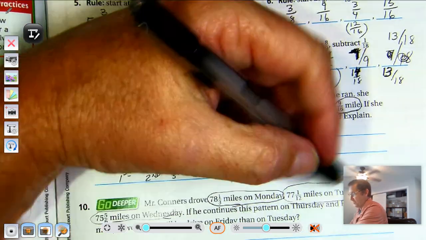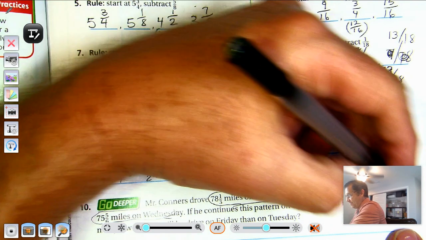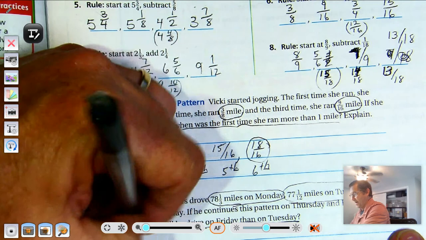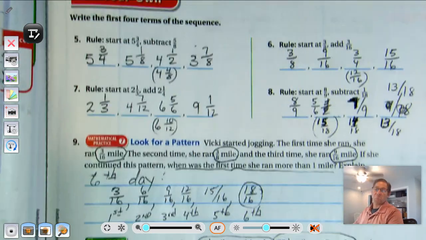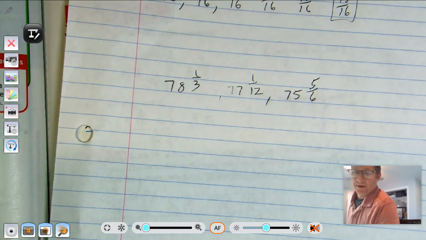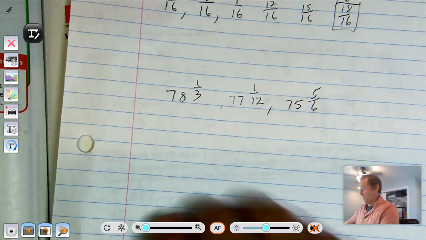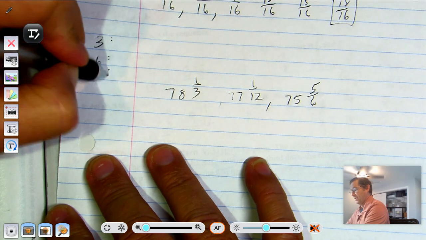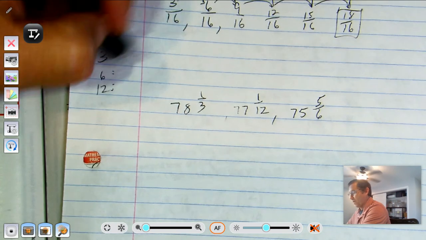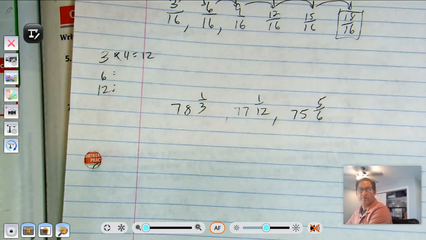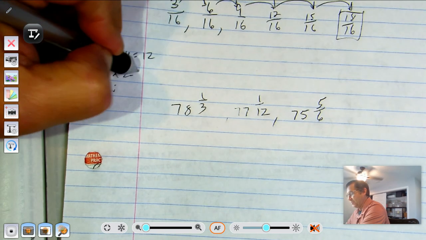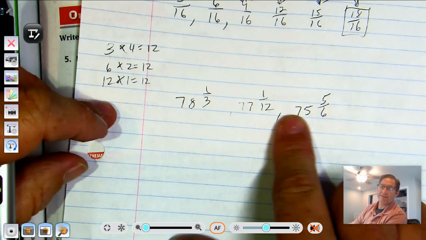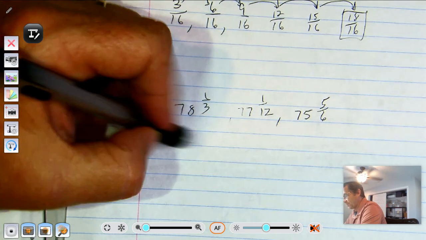If the pattern continues on Thursday and Friday, how much fewer miles will he drive on Friday than Tuesday? Okay, so these are our numbers, and we have 3 and 6 and 12. Well, I know 3 times 4 is 12, and 6 times 2 is 12, and 12 times 1 is 12. So we can turn all of these denominators into 12ths.